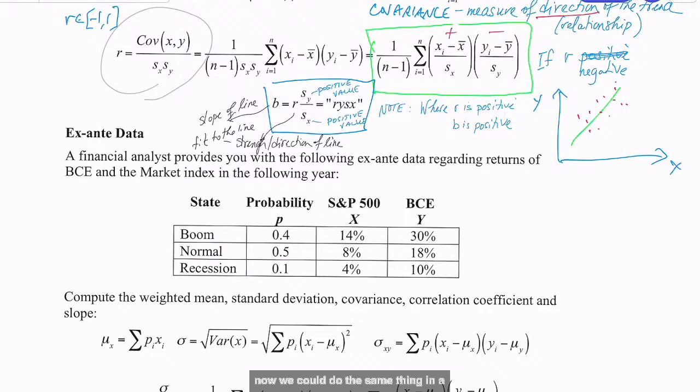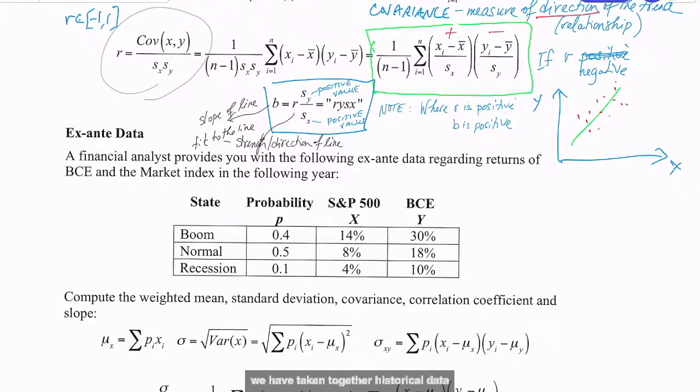Now we could do the same thing in a different way when we get ex ante data. Now remembering that the ex ante data represents the distribution for 3 states of the economy.